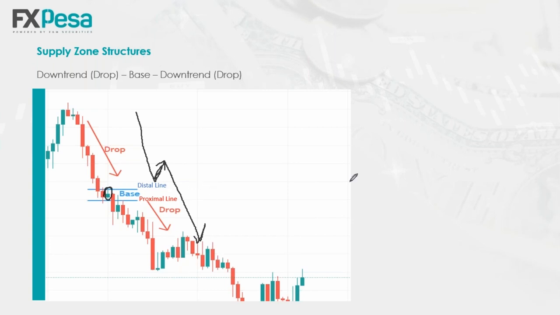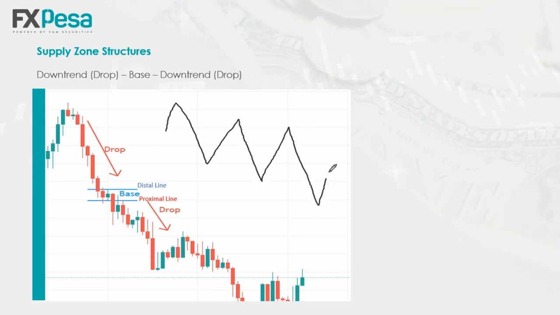what normally happens on a downtrend, the market will not go in a straight line. So you will have formation of market moves in a zigzag manner.